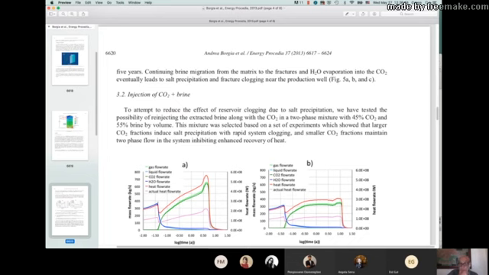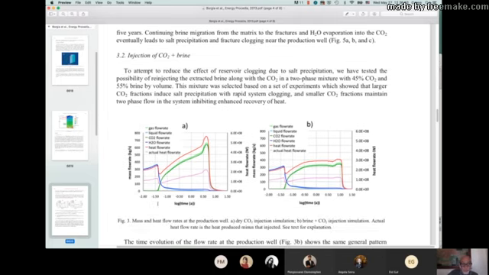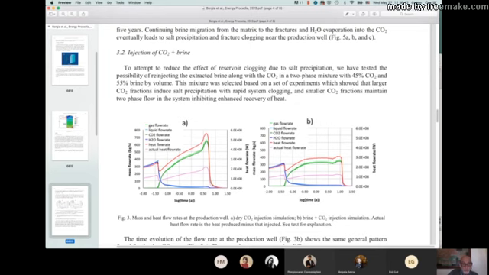Now, as soon as the CO2 springs out of your producing well, there is a very strong drop in production of water. Now the CO2 is the green line.